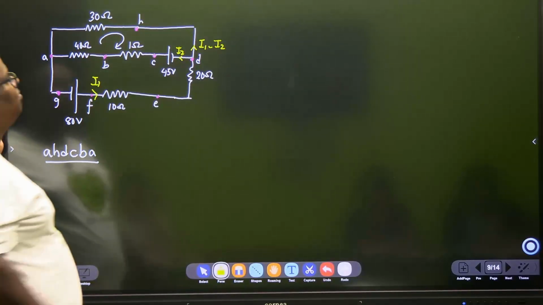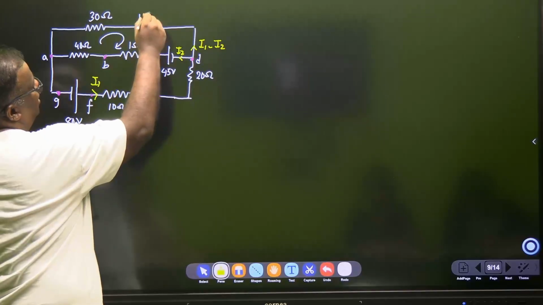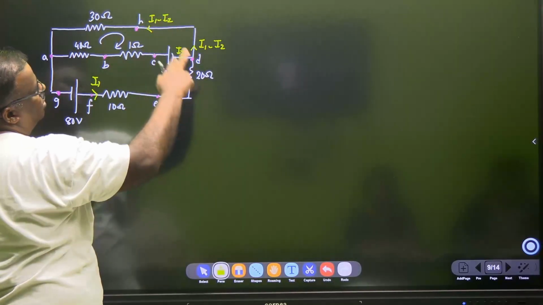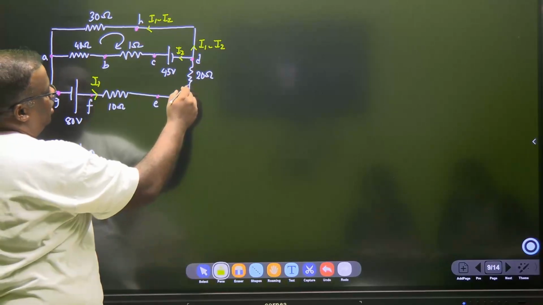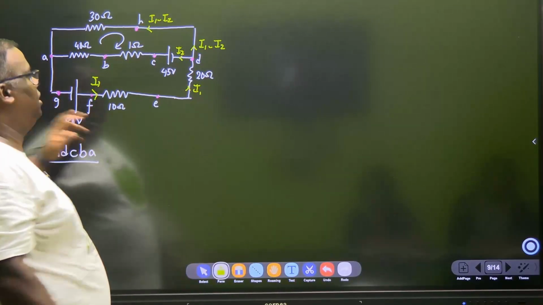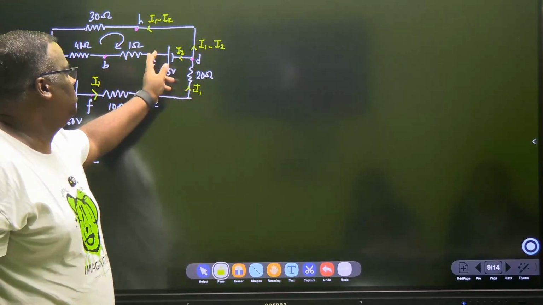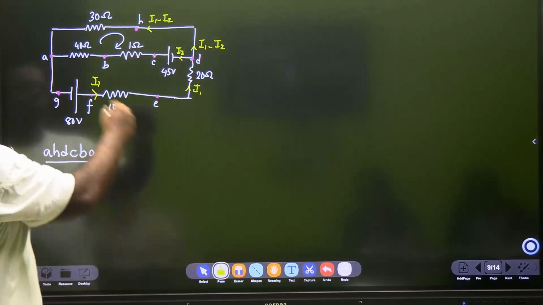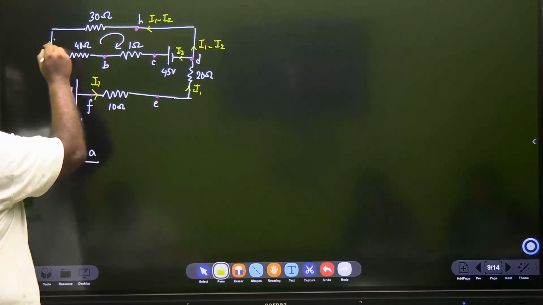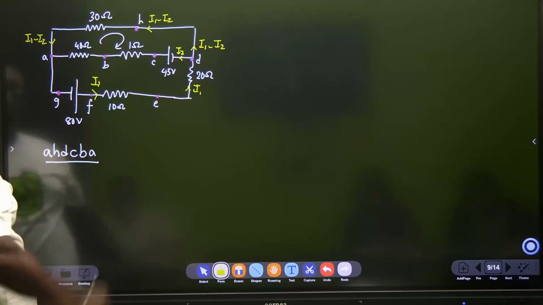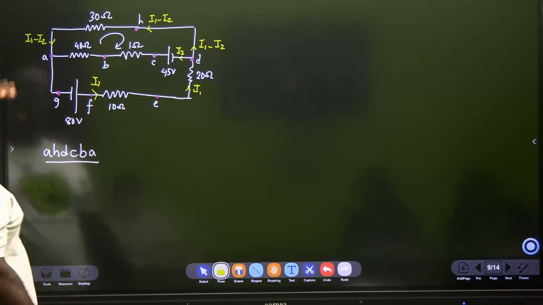Okay? Then what current is flowing here? I1 minus I2. Clear? And I1 current is flowing here. I1 has got split to I2, I1 minus I2. Then the same current has come here, I1 minus I2. And how does the current look like now?